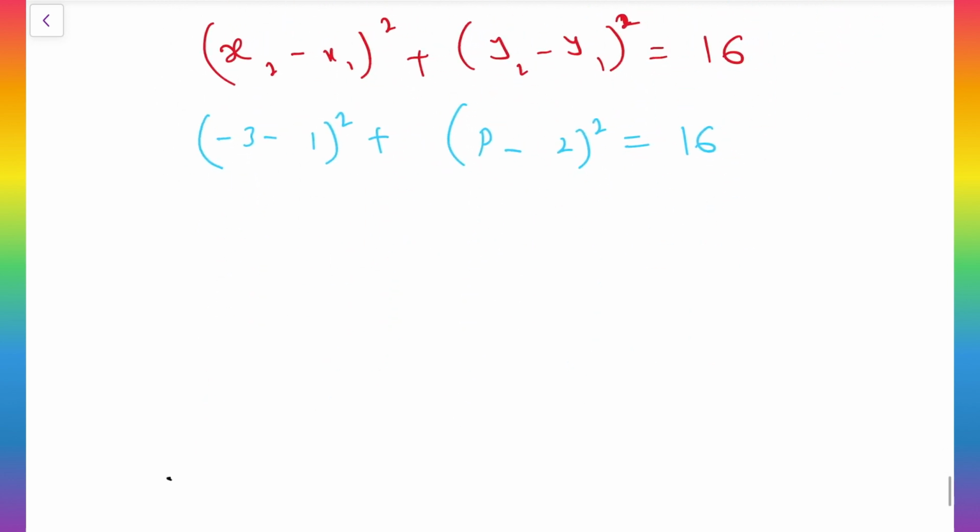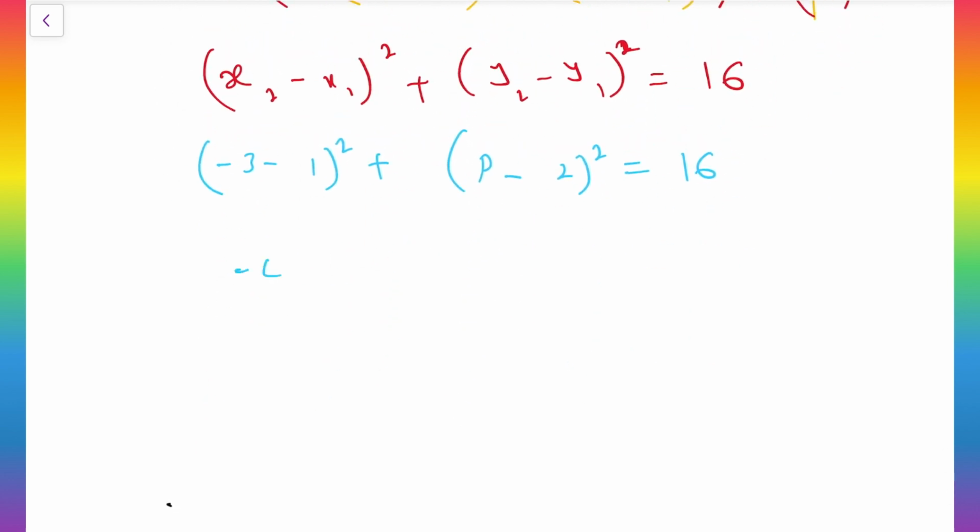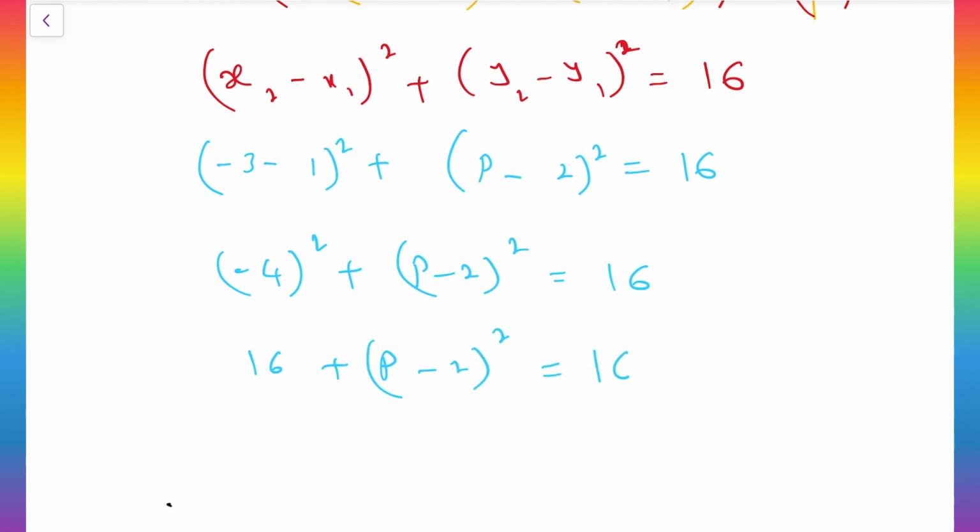If we simplify this further, minus 3 minus 1 is minus 4 whole square plus p minus 2 whole square is equal to 16. So minus 4 square 16 plus p minus 2 whole square is equal to 16.